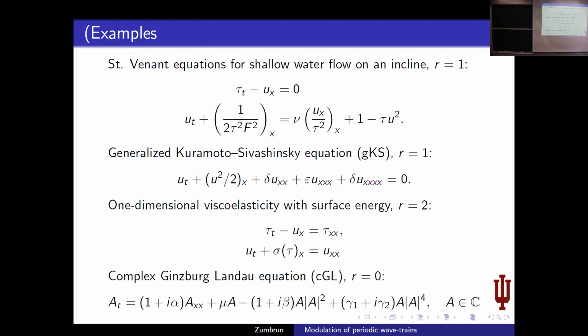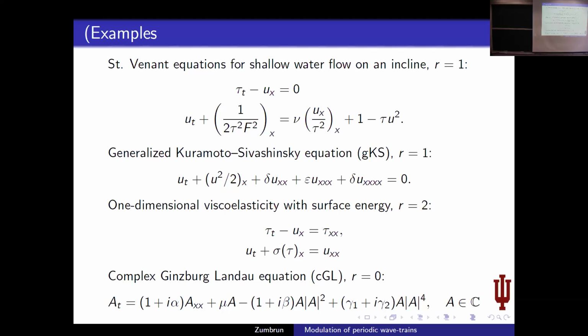Here's an important one for us, the generalized Kuramoto-Sivashinsky equation. It has a Burgers equation part, it has a KdV part, epsilon u_xxx, and then it has a Kuramoto-Sivashinsky part, which is delta u_xx plus delta u fourth derivative.